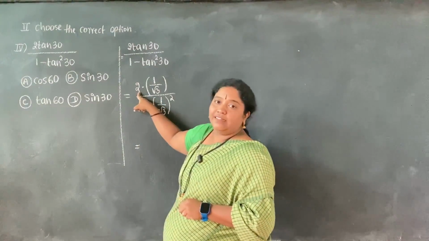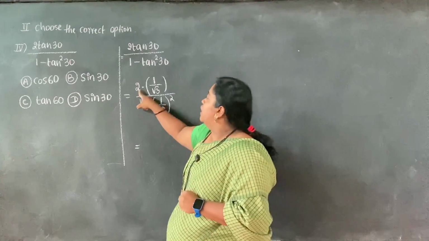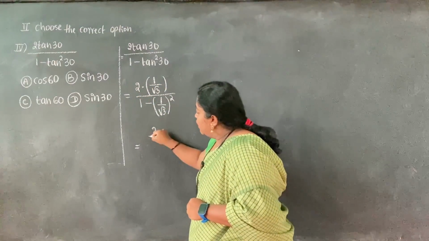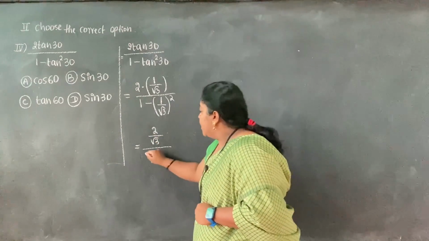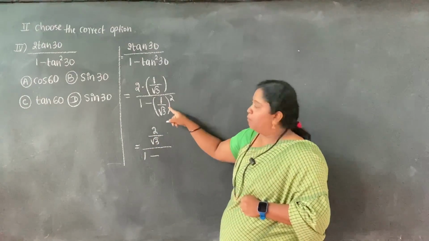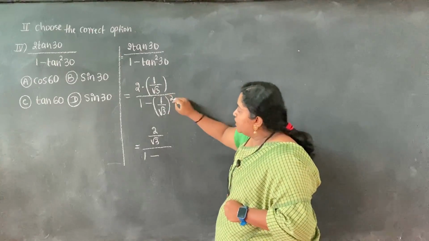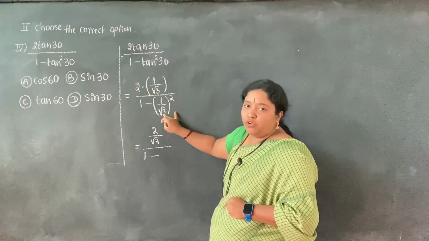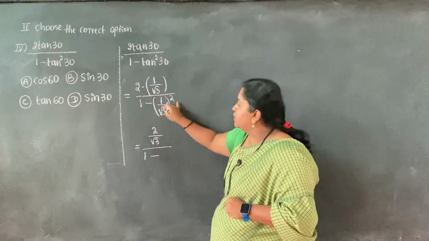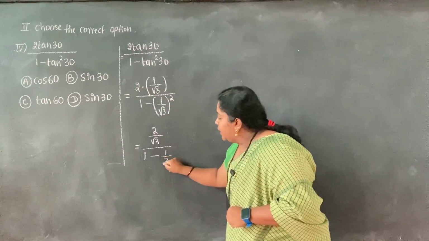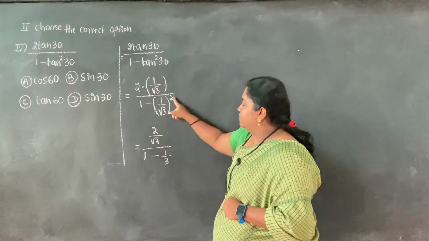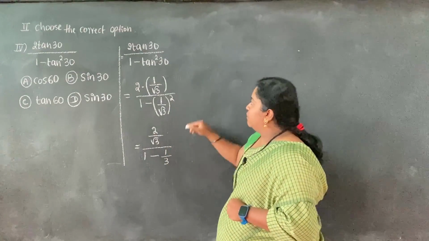If nothing is there in the denominator, then 1 will be there. 2 ones are 2, that is 2 divided by root 3, whole divided by 1 minus, look at the board, this is in fraction formation and the square applies to both the numerator and the denominator. 1 square will be 1, root 3 square will be 3.